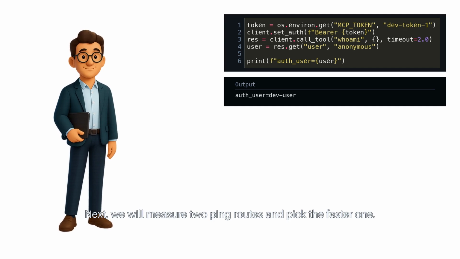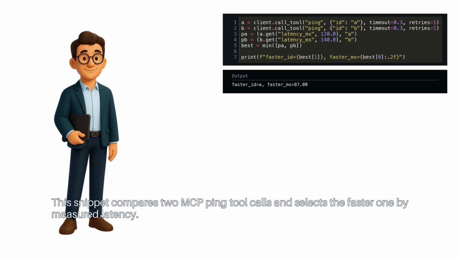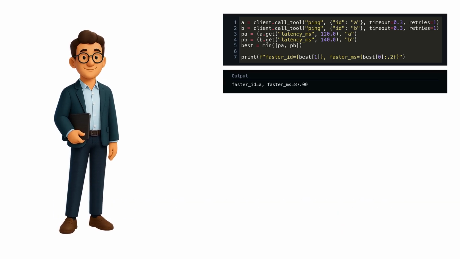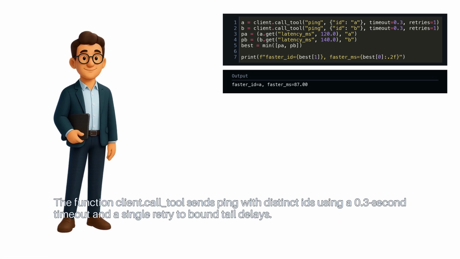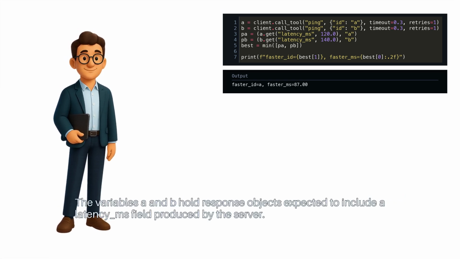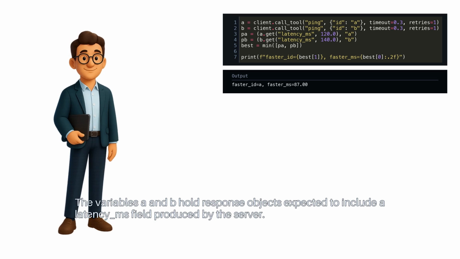Next, we will measure 2 ping routes and pick the faster one. This snippet compares 2 MCP ping tool calls and selects the faster one by measured latency. The function client.call tool sends ping with distinct IDs using a 0.3 second timeout and a single retry to bound tail delays. The variables A and B hold response objects expected to include a latency-ms field produced by the server.